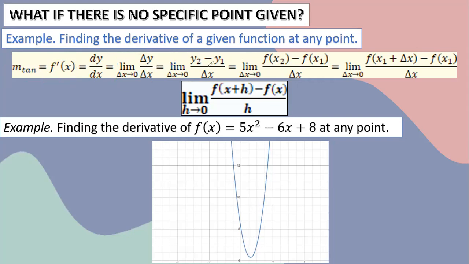Okay, so we get the limit of y sub 2 minus y sub 1 over the change in x. So dapat ginagawa natin, di ba, na maliit as possible yung dalawang point para makuha natin yung tangent line. So y sub 2 minus y sub 1 over the change in x as change in x approaches 0.